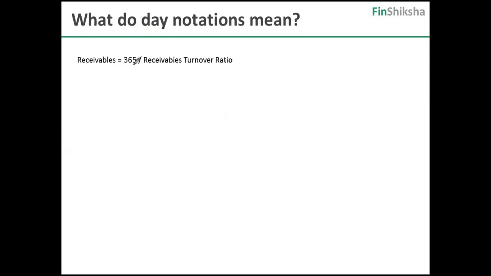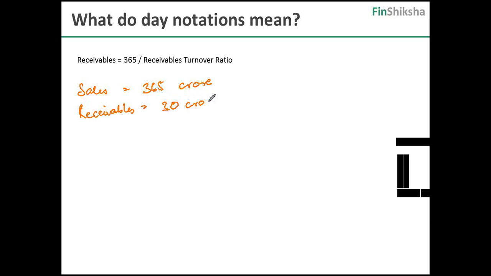Let's take receivables days, which is 365 by receivables turnover ratio. What does this effectively tell us? Let's assume there is a company that has sales of 365 crore. Fine, annual sales of 365 crore. Let's assume they have receivables worth 30 crore. What does this effectively mean?